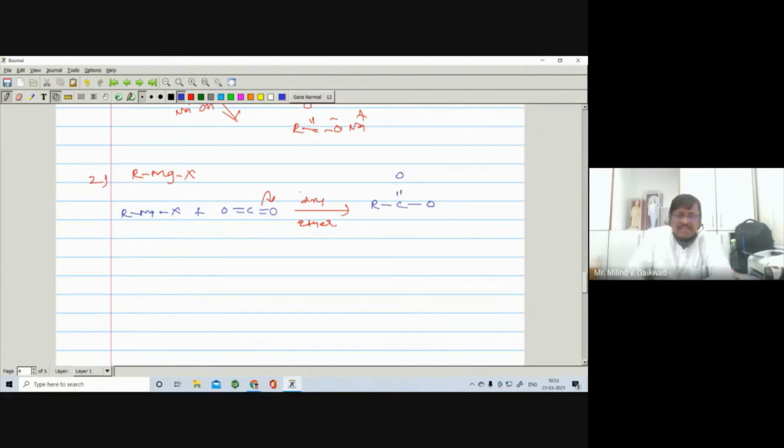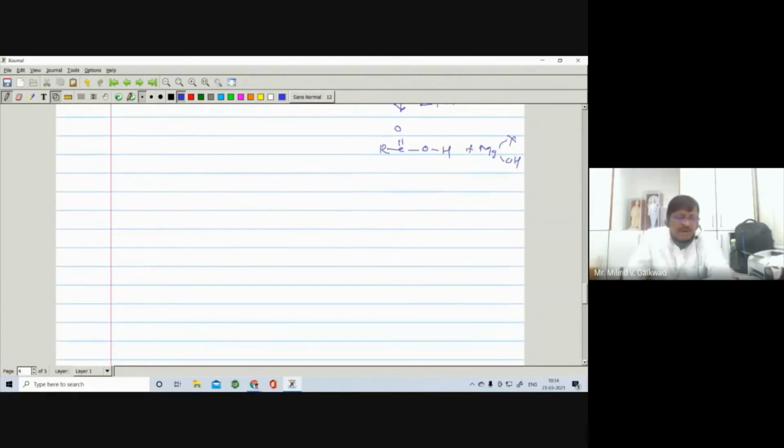Here is O minus, and there is attack of MgX, the magnesium complex, and the magnesium complex further undergoes hydrolysis in the presence of acid. There is a formation of the corresponding carboxylic acid, RC double bond OH, plus MgX and OH. So it is called carbonation of Grignard reagent.